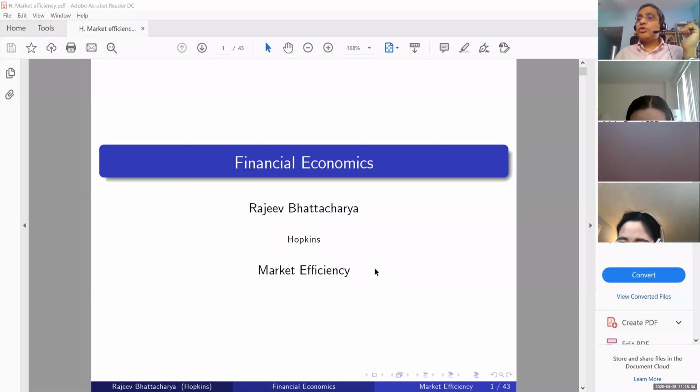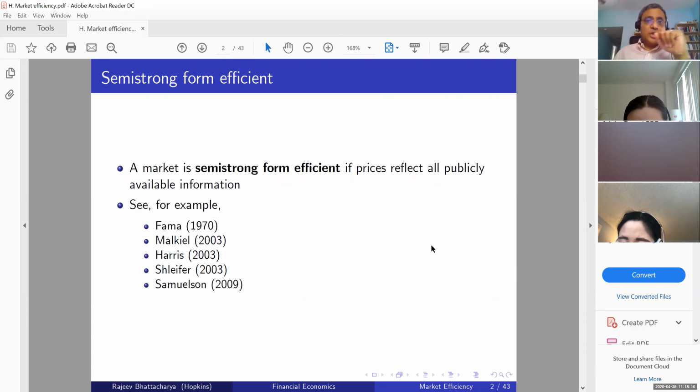All right. Let me share my slides. Okay, so we're going to talk about market efficiency. The first thing to keep in mind is the definition: a market is called semi-strong form efficient if prices reflect all publicly available information.